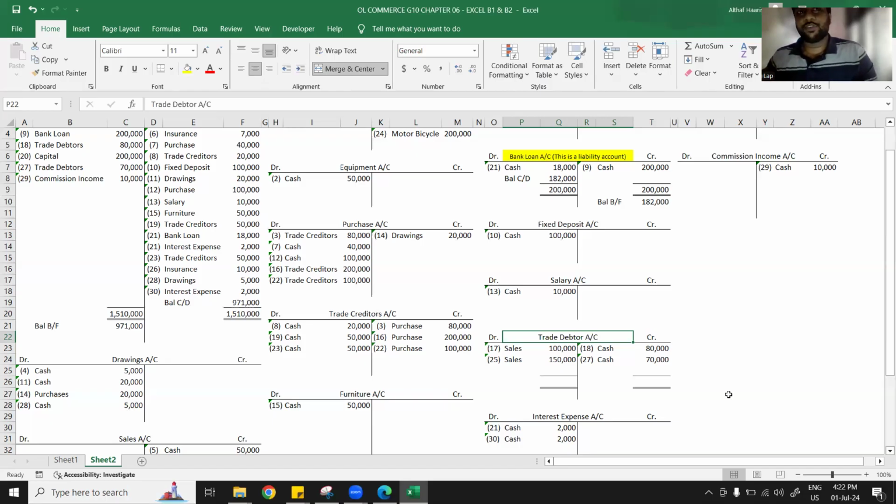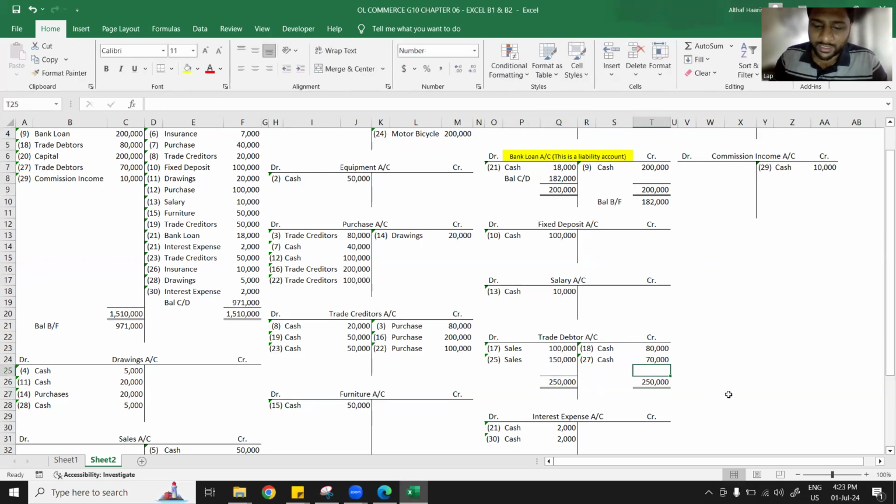First you answer my questions, then you write. Stop writing. Answer my questions first. In the trade debtors account, which side is bigger? Is the debit side total bigger or the credit side? The debit side is bigger. How much is that? 250,000.